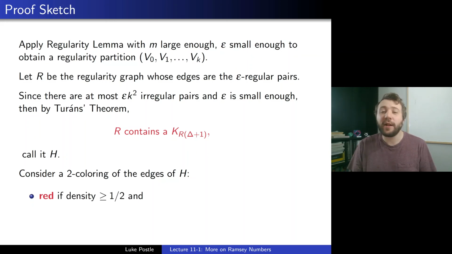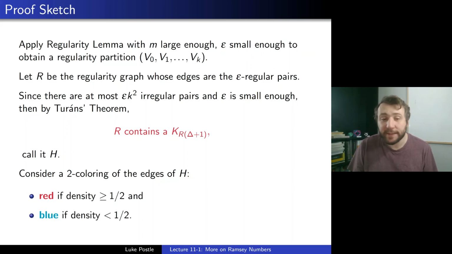Namely, we'll color a pair red if its density is at least a half. It's regular, so it's random-like, and if it has a good chance to have edges, density at least a half, we'll color it red, and blue if the density is smaller than a half. Then we have a red-blue coloring of the complete graph on R of delta plus 1 vertices.